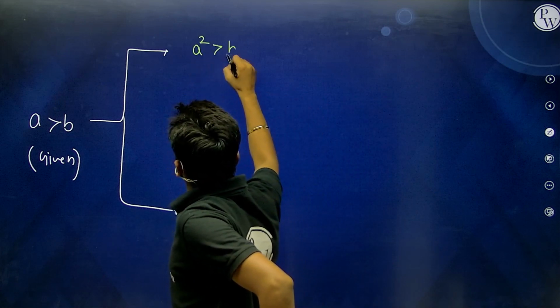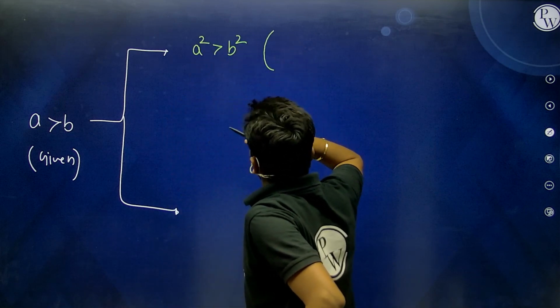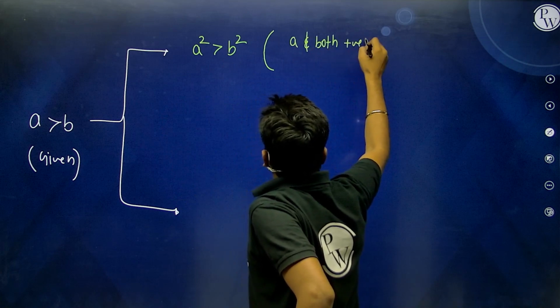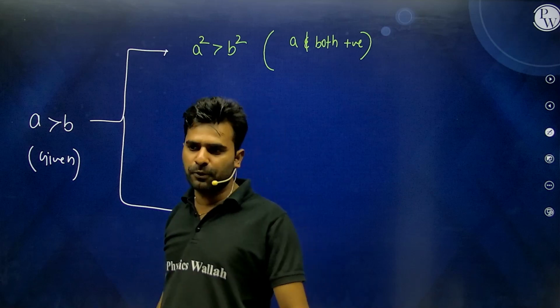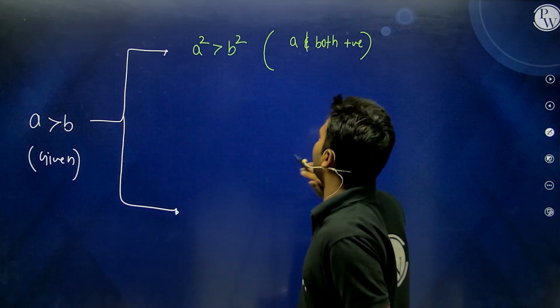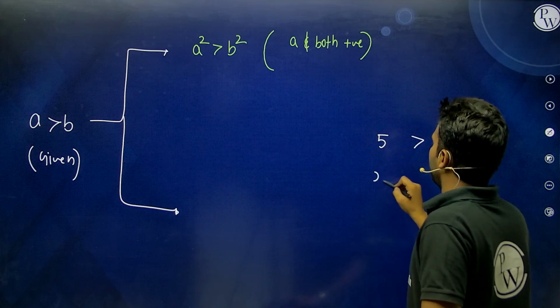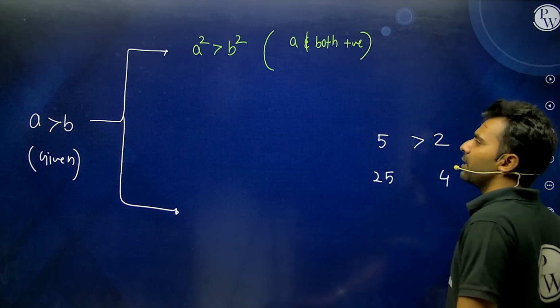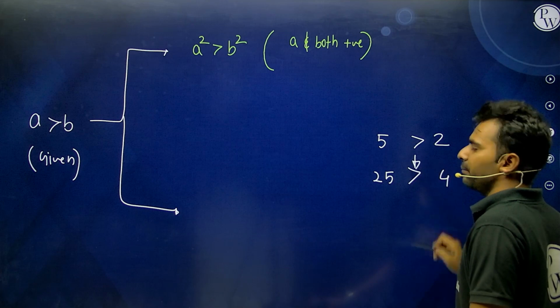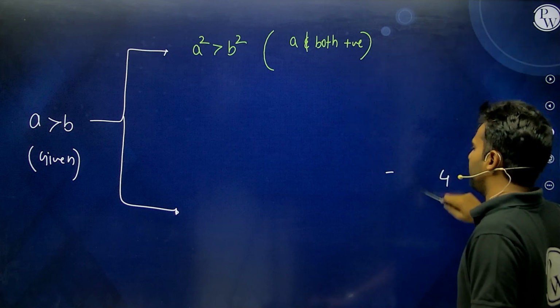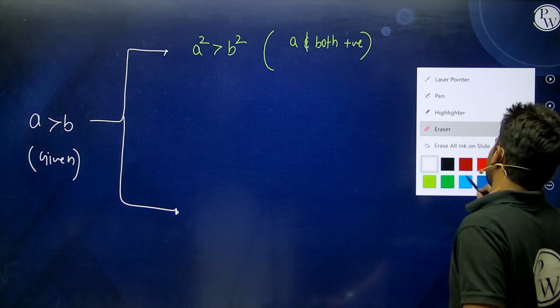A square will be greater than B square if A and B are both positive. If you are sure that A and B are both positive, then definitely you can square. The sign of inequality is going to remain the same. If we take the example, upon squaring here it will become 25, here it will become 4. So definitely the sign of inequality will remain the same. So upon squaring, the sign of inequality will remain the same if both sides are positive numbers.